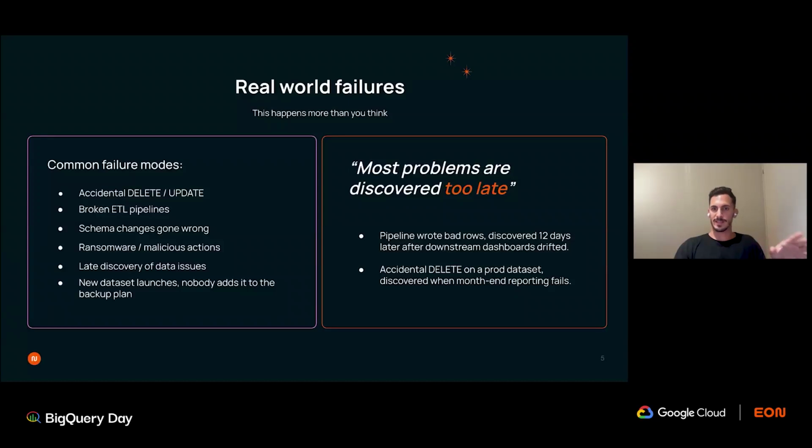We even saw a public example of this recently. A company called Pocket OS, which provides operational software for car rental businesses, had its production database and backups deleted by an AI coding agent running in Cursor with a Claude model underneath. So the infrastructure itself never failed. The system stayed online. But within seconds, reservations, customer records, and operational data were gone.